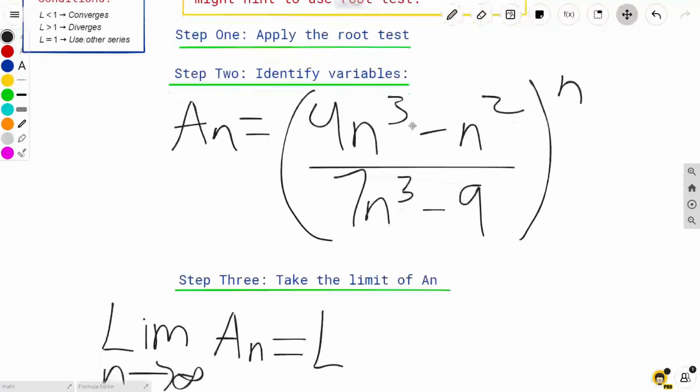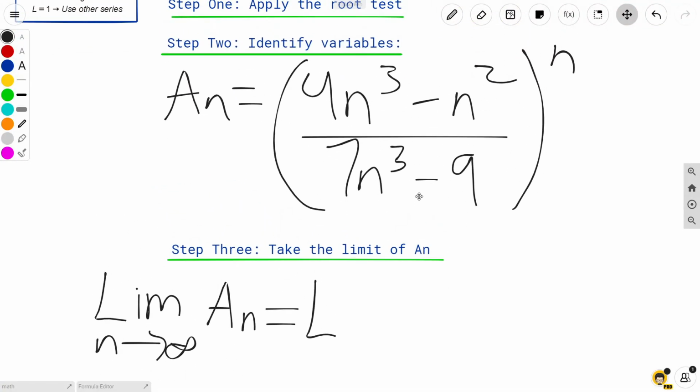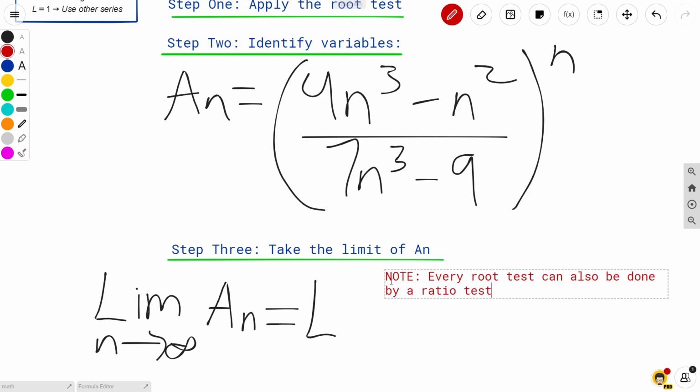Notice those are the same conditions as the ratio test. That is because anything we can do with the root test, we can also do with the ratio test. So note: every root test can also be done by a ratio test, but the root test is half the work.